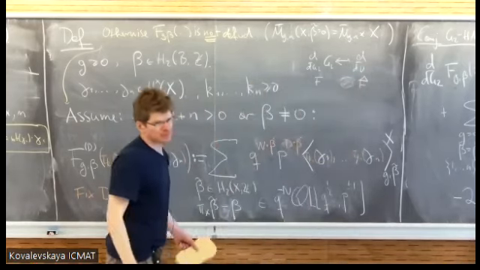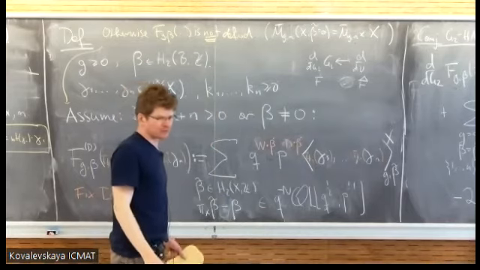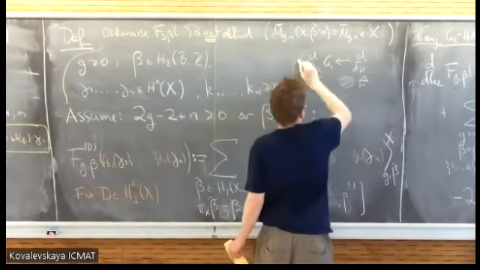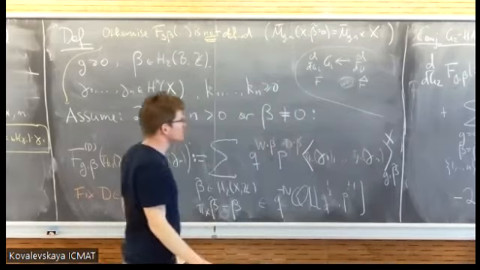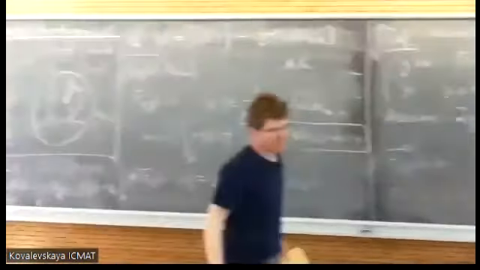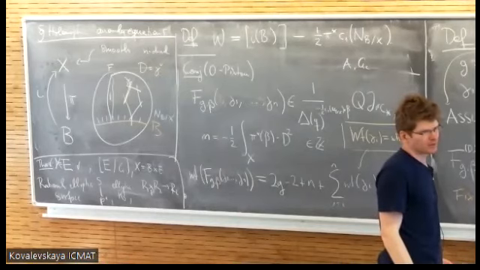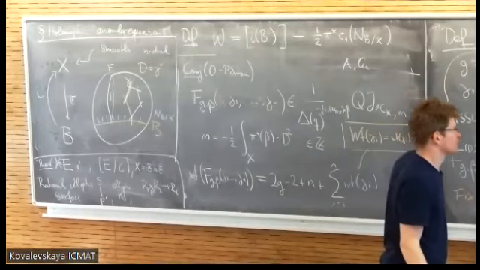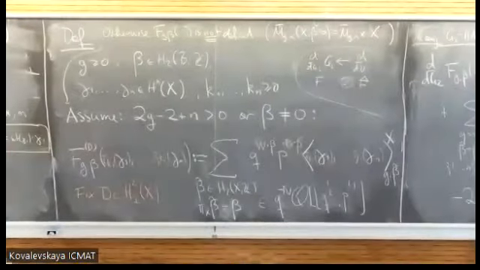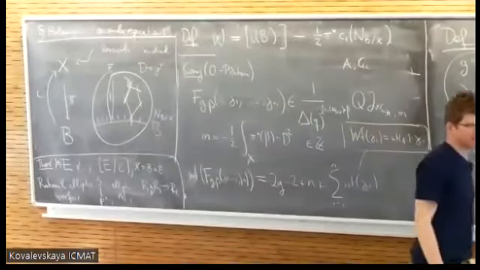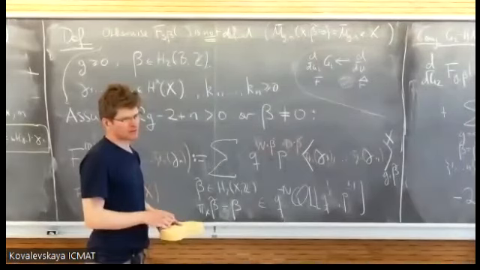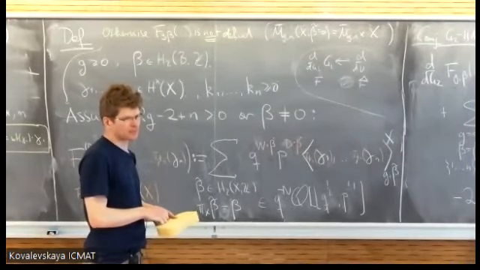If you take the sum of all the Gromov-Witten invariants over all the degrees, the generating function over the degrees involves the Kähler parameter. That's the expansion parameter over the degrees, right?